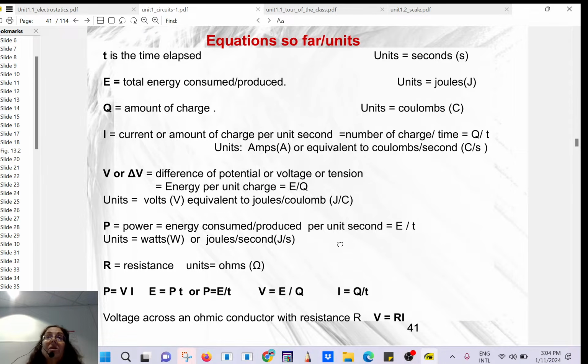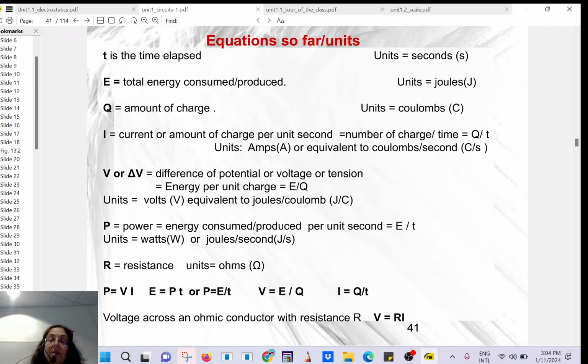Okay, so the equations so far, we have time elapsed. Unit will be in second. We have the energy consumed or produced. The unit is joule. We have the amount of charge. The unit is coulomb. You have the amount of charge per second. So that will be the current, right?